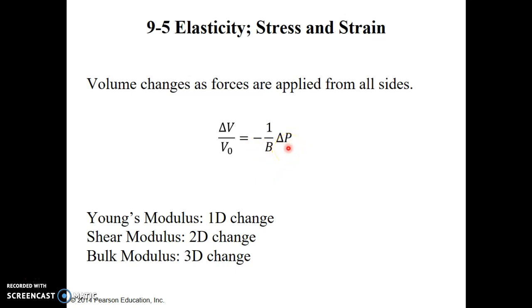In Chapter 10, we'll define pressure as force over area, so really we're talking the same equation here. So again, this is the exact same equation as we've done with Young's modulus and shear modulus. The only difference is as you increase the pressure or the force, you're going to decrease the volume, so you need that negative in there. So that gives us Young's modulus in one dimension, shear modulus in two dimensions, and the bulk modulus in three dimensions.